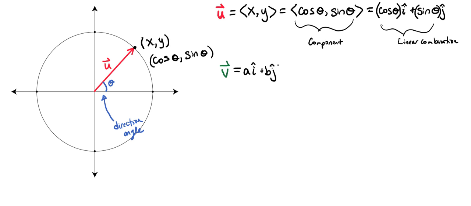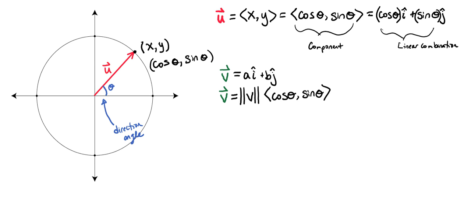So we can rewrite v like this: the magnitude of vector v times our components cosine theta, sine theta. And we can rewrite that in linear combination form, like so, where we have the magnitude of v times cosine theta times i plus the magnitude of v times sine theta times j.